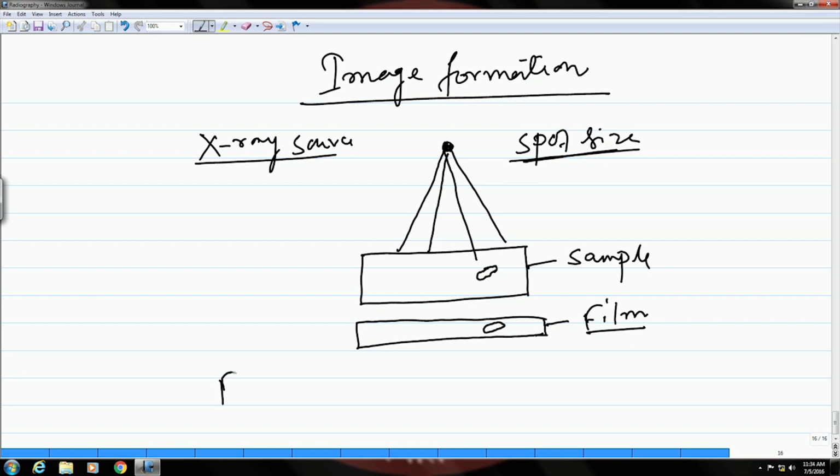And as I told you, we need a focused beam, and the focal spot size should be as small as possible, because lower the spot size, higher will be the image quality.